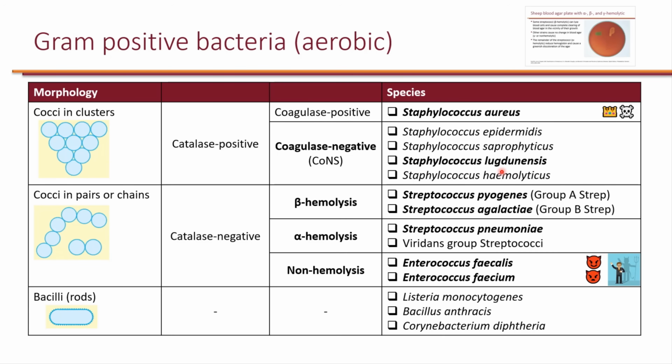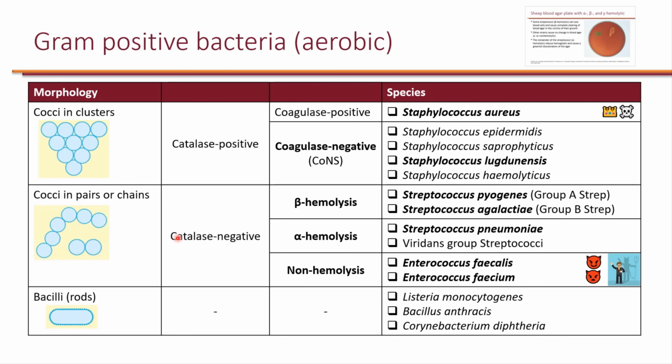Staphylococcus lugdunensis is one that can cause severe infection, so that's why I have bolded it. But these are typically present on the skin. The same with Staphylococcus aureus. All staphylococci are typically present on skin, and occasionally they find their way into the body and cause infection.